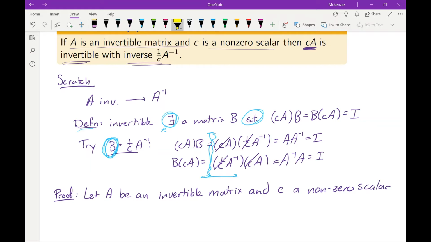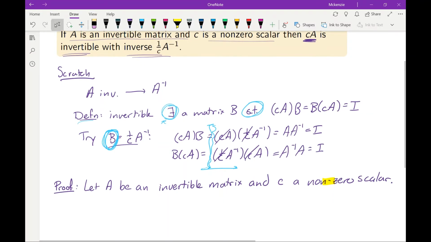Non-zero is spelled in a few different ways. I always use the hyphen, well, if I'm doing it without thinking, I use the hyphen. A lot of people use it without. Both are generally accepted. Anyway, so A is an invertible matrix, C is a non-zero scalar.